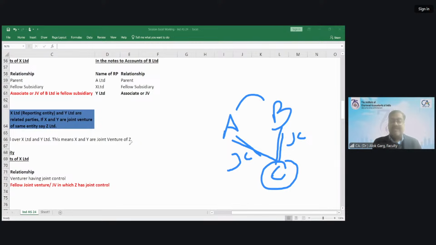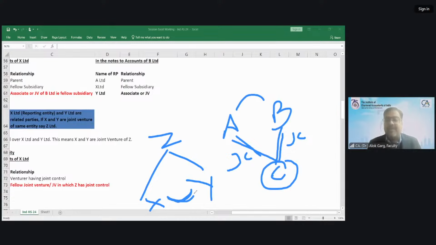So what we have discussed in this case, this is Z Limited. Z has invested in X and Y. So these X and Y are related parties. Of course, Z and X are related, Z and Y are related, and X and Y are related parties.